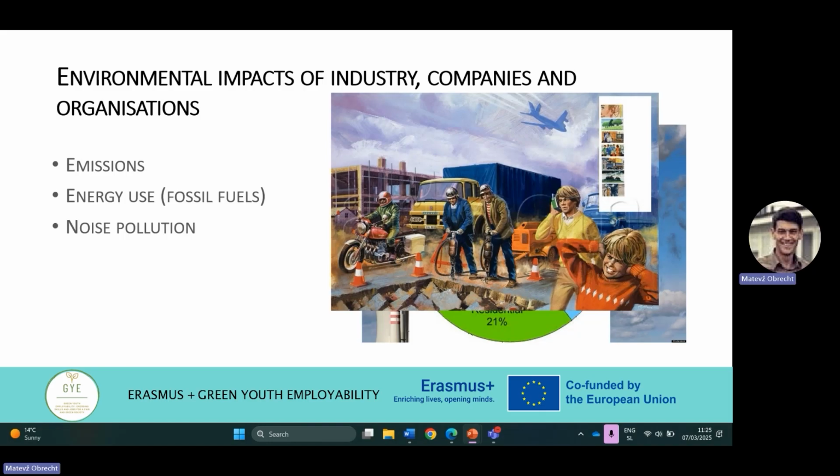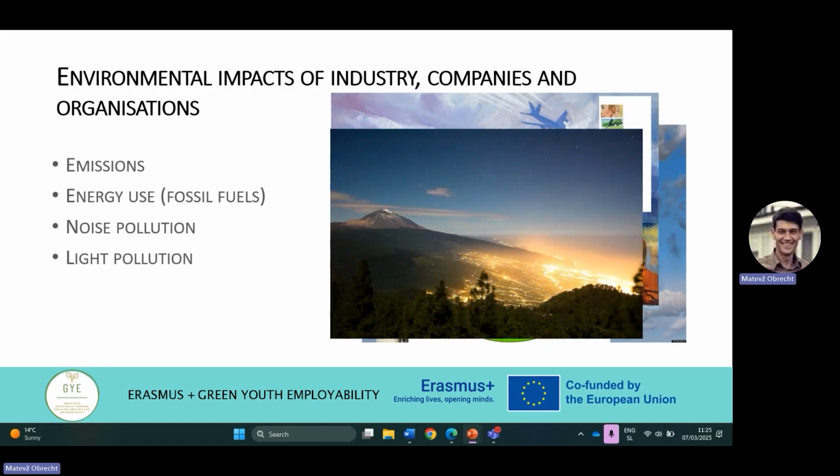Then another one is light pollution. When we developed a very intensive, energy-intensive economy, we also enlightened the sky. So we have a lot of bulbs that don't light up only the streets we want. They don't light up just the backyards or the production facilities or whatever we want to light, but also the sky and the natural habitat.